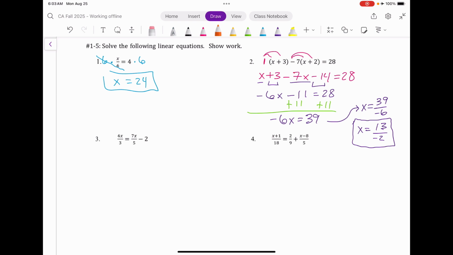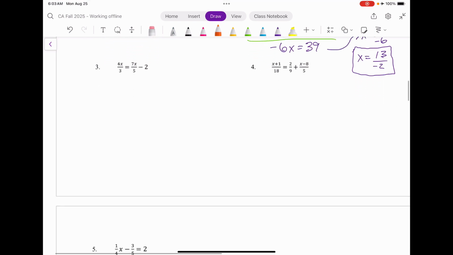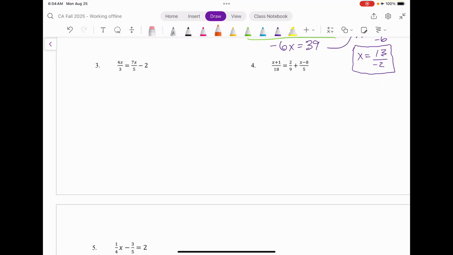All right, the next one. Anytime we see fractions, we try to get rid of them. So I'm going to multiply everything by 3, just to get rid of that 3 I see right here. The 3 is going to cancel on the first fraction. 3 times 7x is 21x over 5. And then 3 times minus 2 is minus 6.